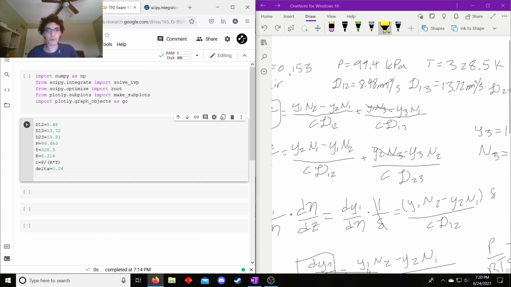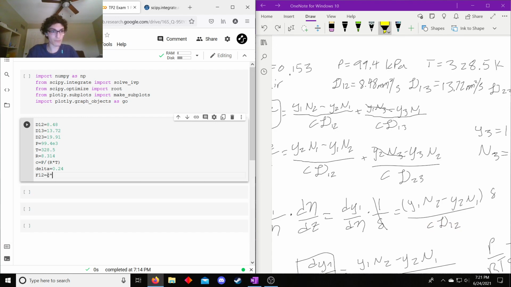Now, what I'm going to do here is define some variables for myself, and I'm going to call it F12. What this is going to be is concentration times the Stefan-Maxwell coefficient divided by delta. This is just going to condense the amount of variables that we're actually going to be typing in. It'll make things a little simpler.